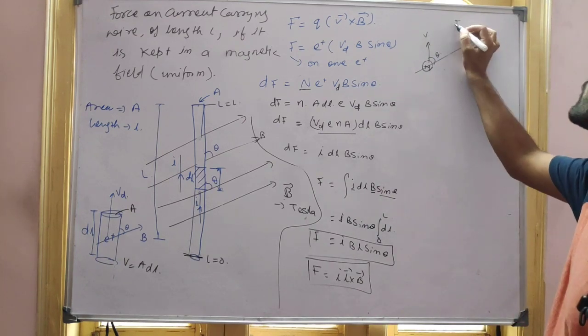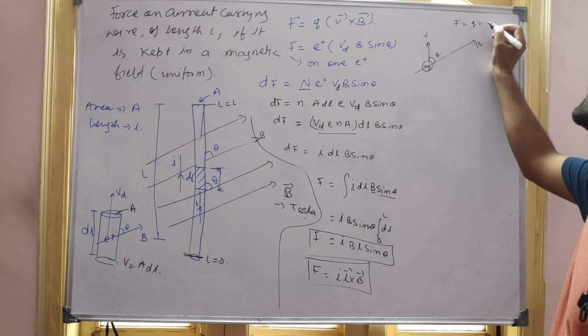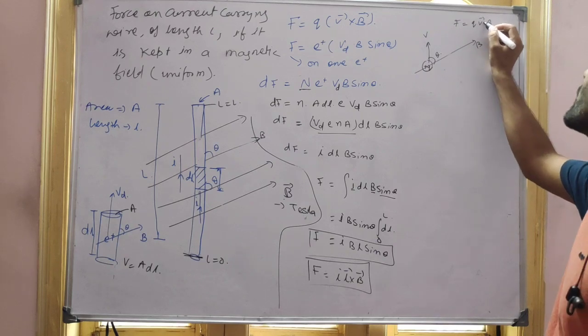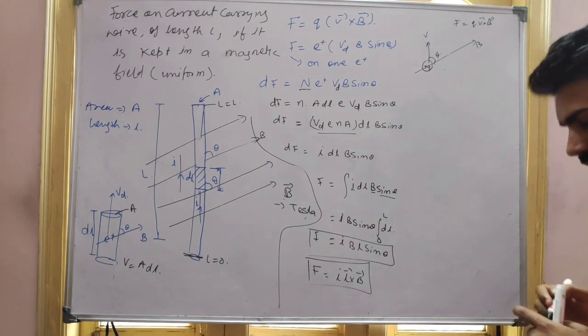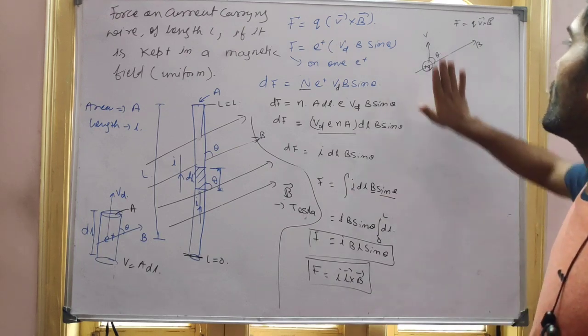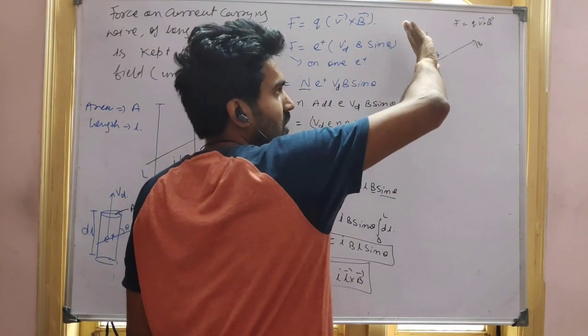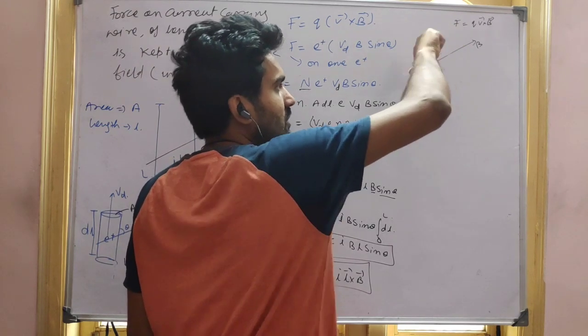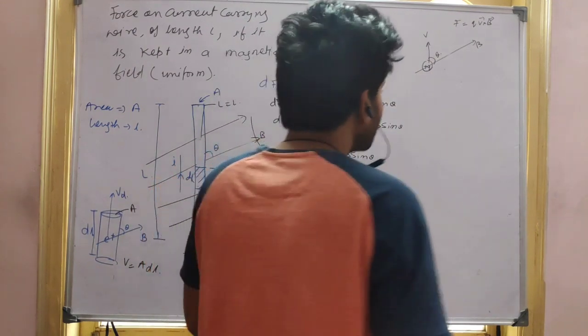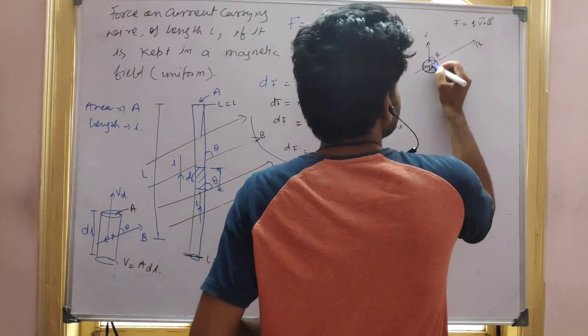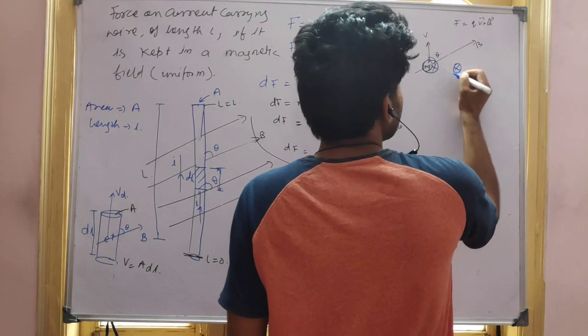So where will the force be? We know that F is Q V cross B. So force direction will be where? Keep your palm on the velocity, and curl your fingers in the direction of the field. So the force will be inward. This will be the force direction.